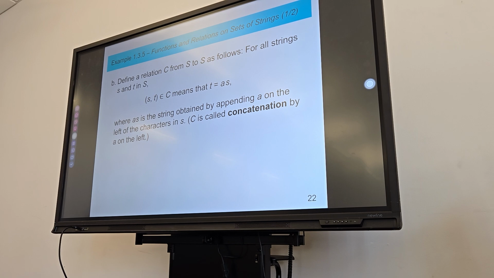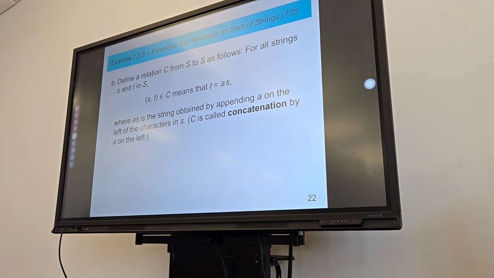Define the relation C from S to S as follows. For all strings s and t in S, (s, t) is an element of C means that t equals as. Basically, it means t is the string s with the a added onto the beginning of it.